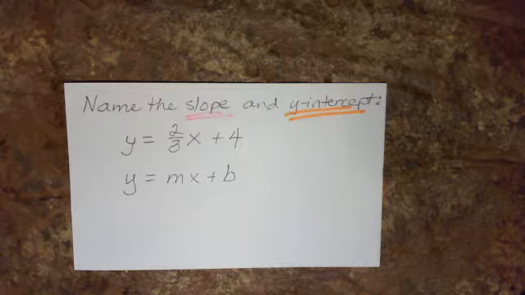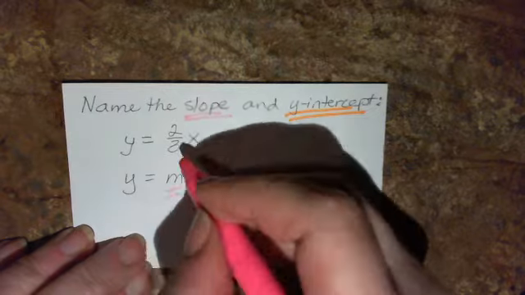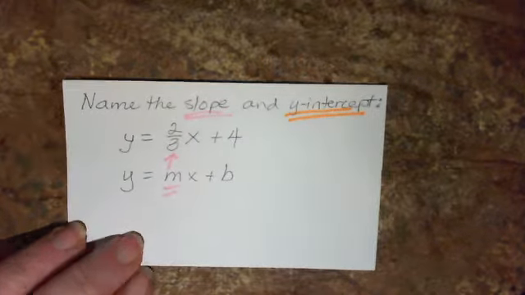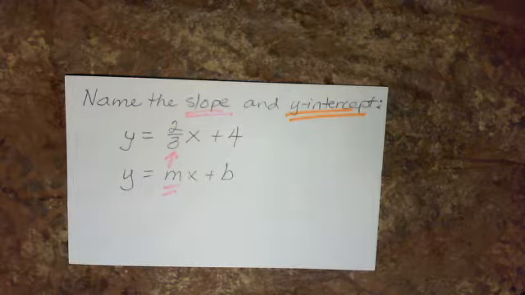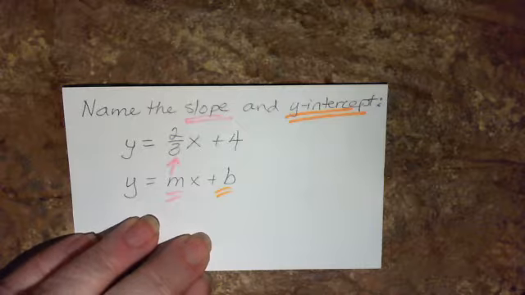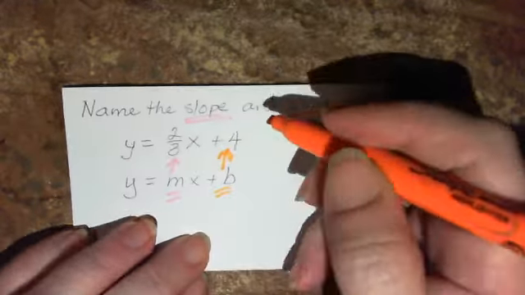This one is given to us in that form already, so we can see the slope is the fraction 2/3, and the y-intercept, the b value, is 4.